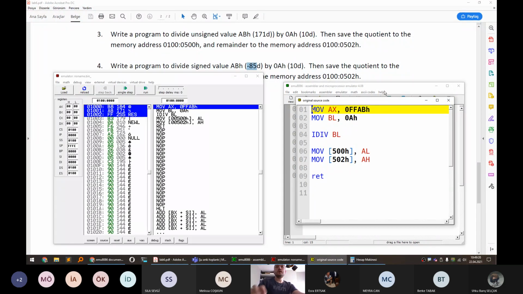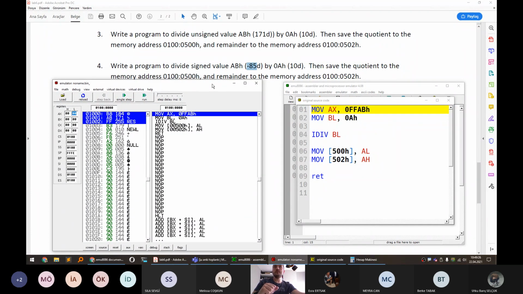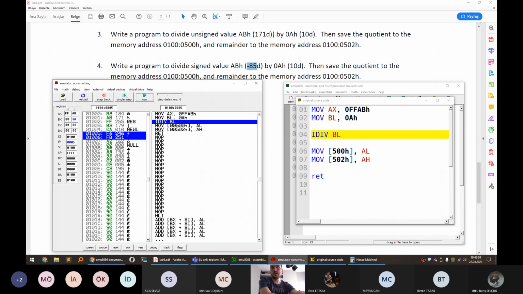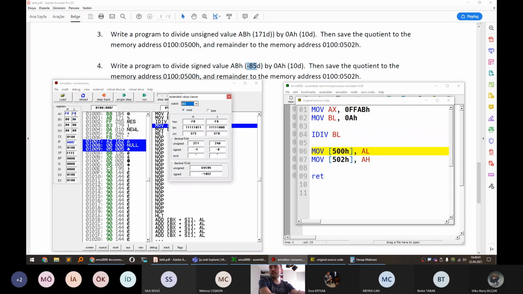Okay, now divided by 10. 10 is also 10. There's no change in 10. So the result will be 8. Remainder will be minus 5. IDIV division is done.